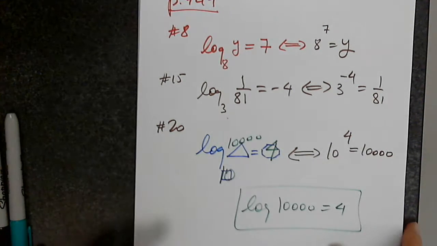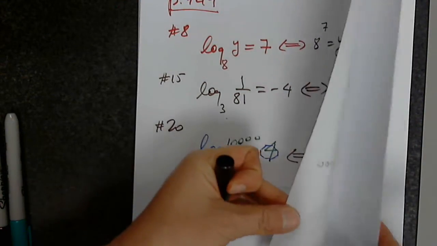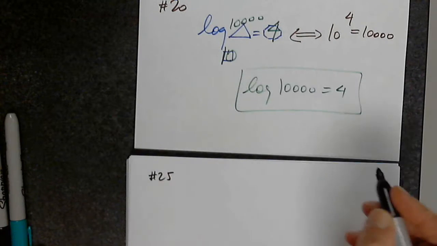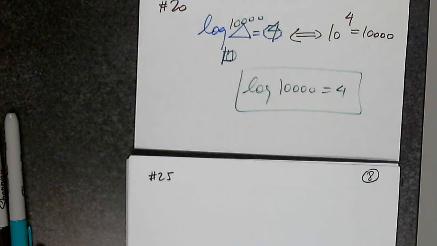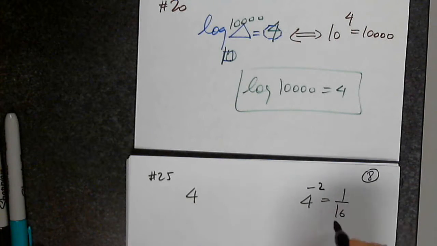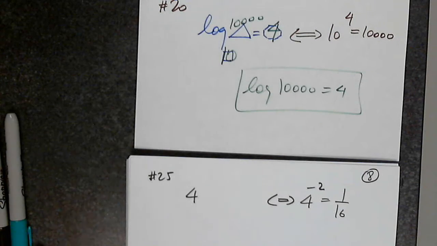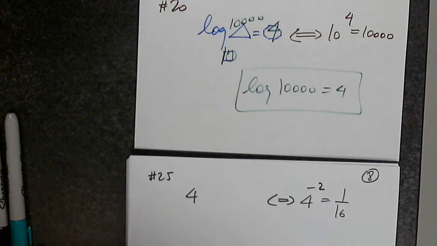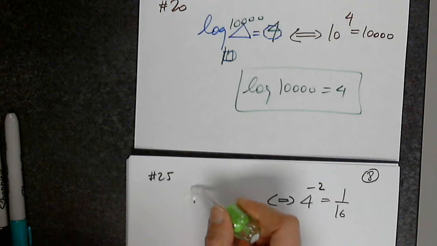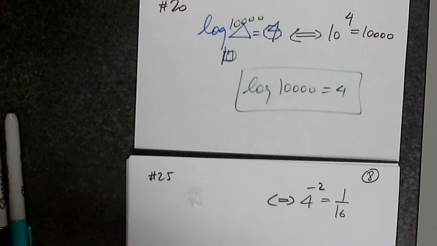25. We have 4 raised to negative 2 equals 1 over 16. Always write the log. You know you have to come up with 3 numbers.